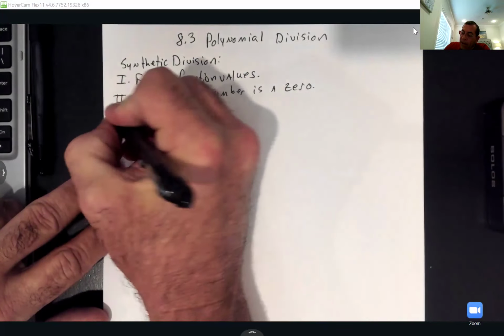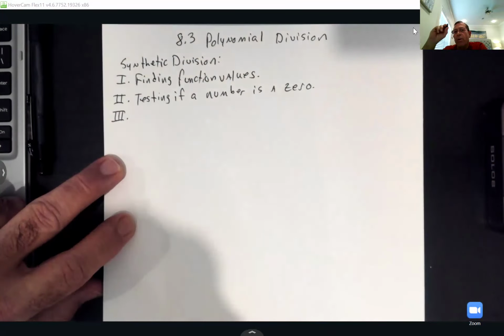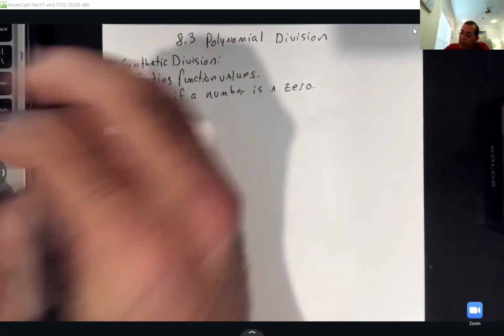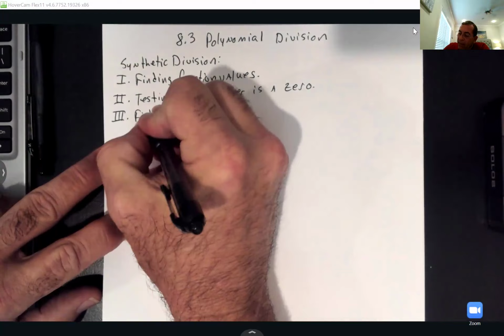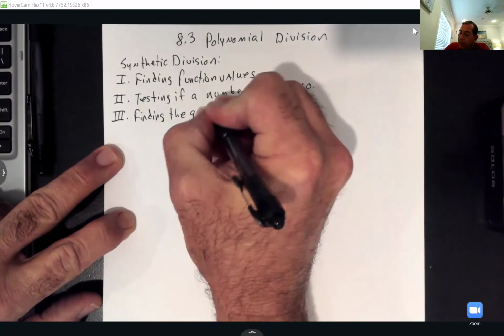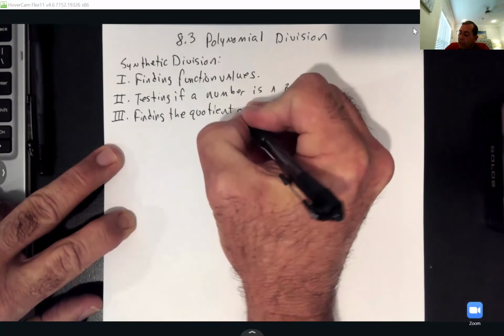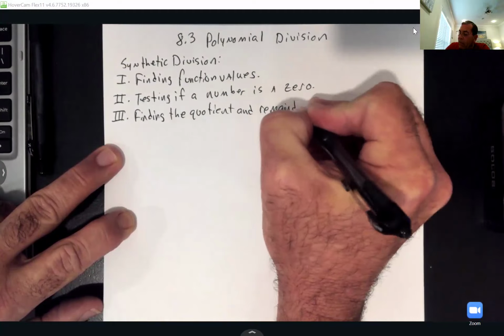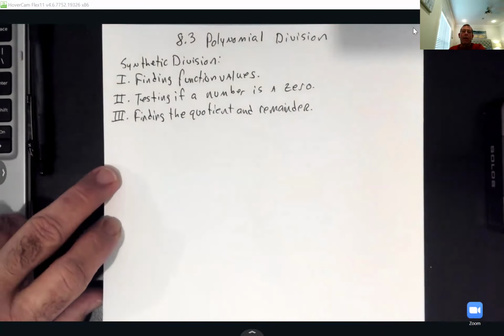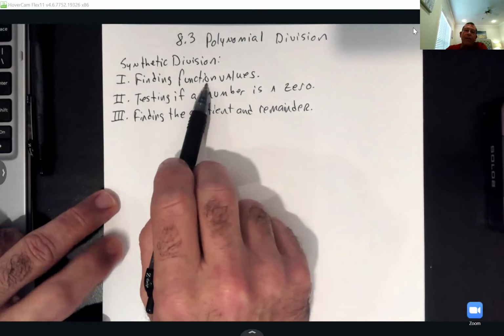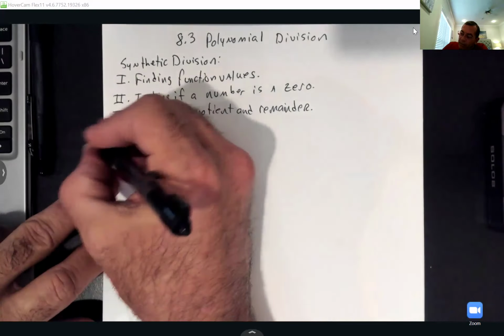And then the third thing I use it for, you'll see in the support section, and I'll do one of those kind of problems, is finding the quotient and remainder. Okay, so that's three things I can use it for. Finding function values we'll go over first.